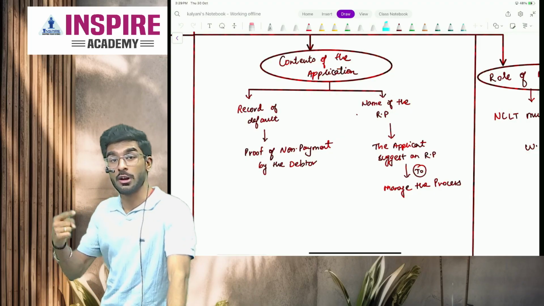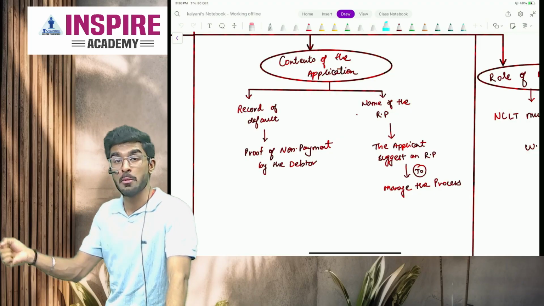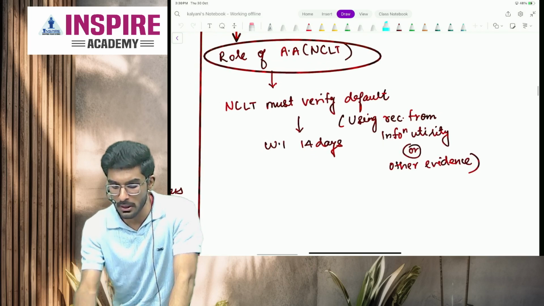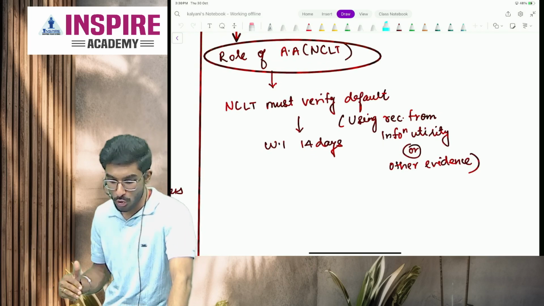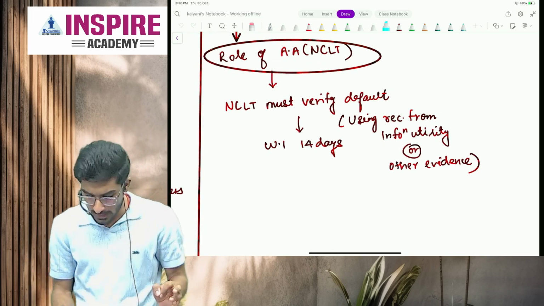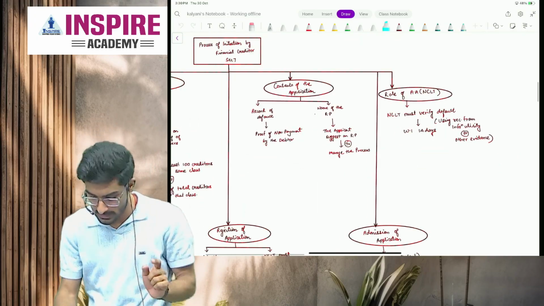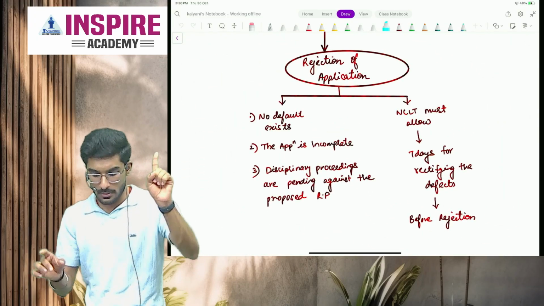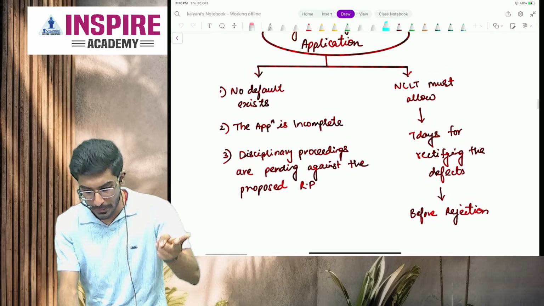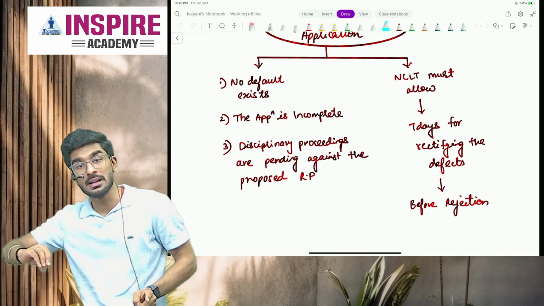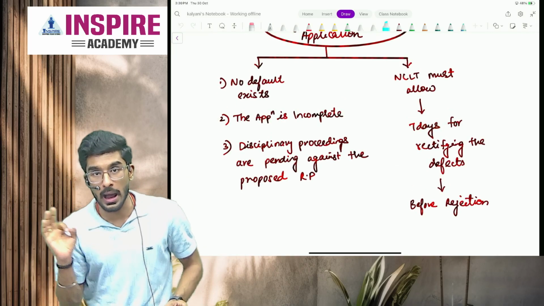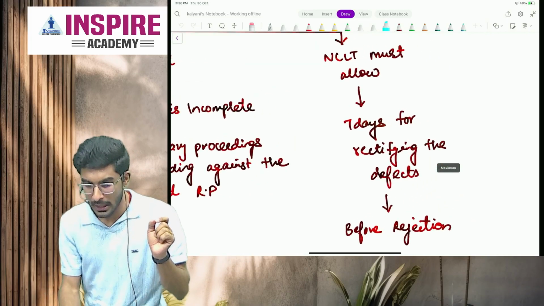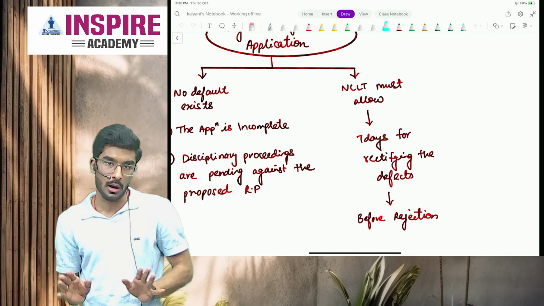Number one is the record of default. Number two is the name of the proposed RP. And number three, the role of NCLT is to verify the application within 14 days. If no default exists, if the application is incomplete, or if there are disciplinary proceedings against the IRP, then the application will be rejected. But 7 days time will be given to rectify your application.